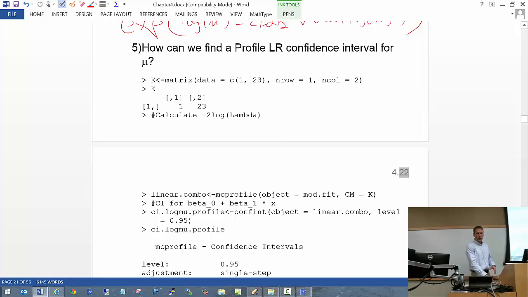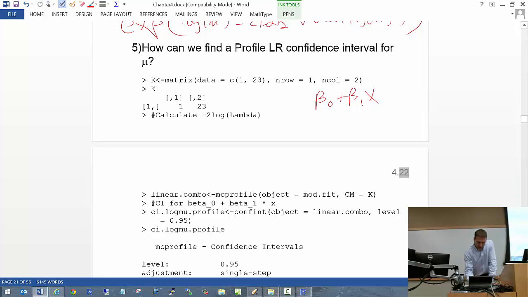Well, how about a profile likelihood ratio confidence interval? I can go back to using mcprofile like we did in chapter 2. And again, I'm looking at a confidence interval for log of mu, or beta 0 plus beta 1 times x.